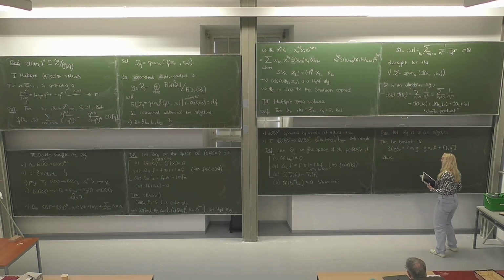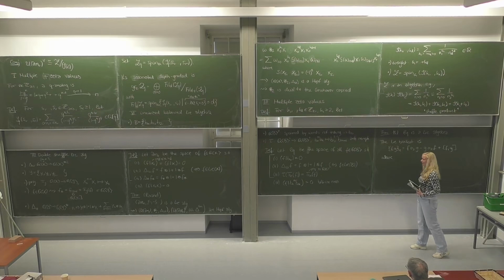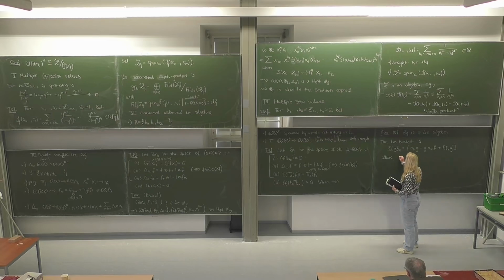But maybe before I do this, just as a side remark, I now have an index A. This refers to the Ari bracket, which was introduced in Ecalle's weird long stuff. But I will make it explicit without any of these things.